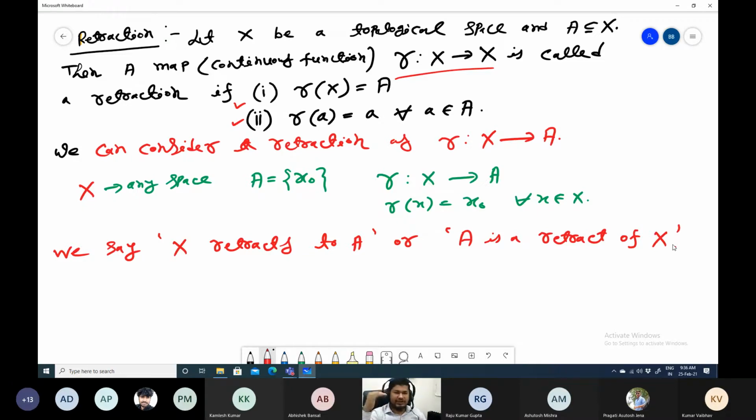So therefore this retraction is not very useful in the general sense. Now we have another concept.